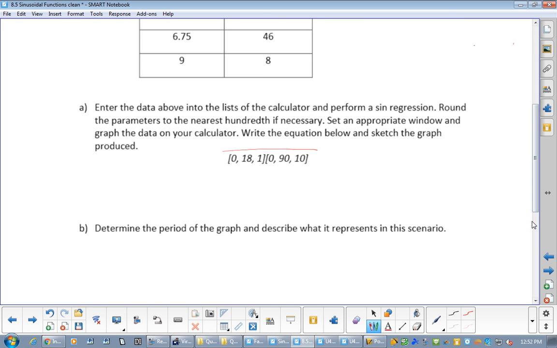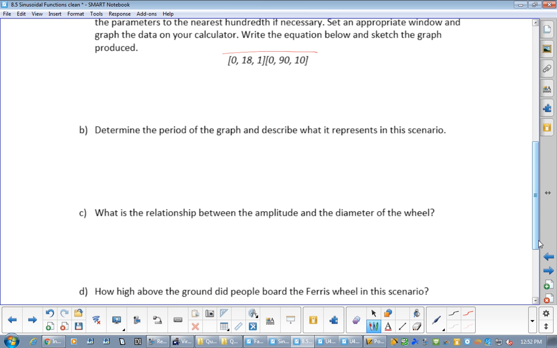Okay, so determine the period of the graph. Well, first of all, let's write out our equation. Y equals 38 sine 0.698x, plus negative 1.57079, and then plus 46.